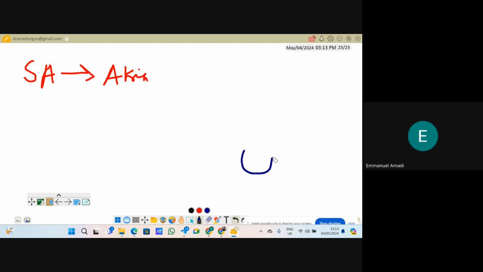This is the atrium. The black is the ventricle. This is the atrial septum, interatrial septum. Now, this is your superior vena cava entering the right atrium.